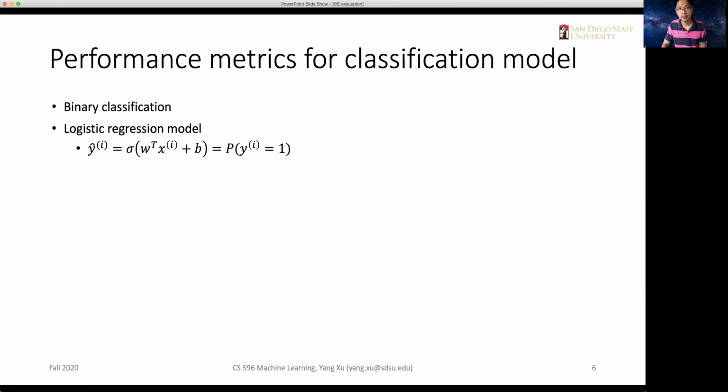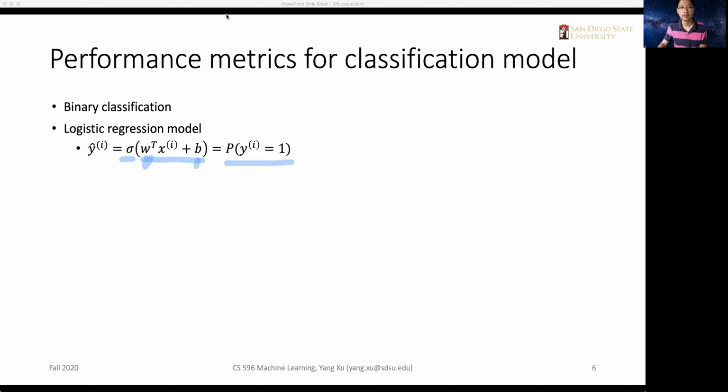The model makes predictions by first computing the linear combination between the data and the parameters W and b, and applying a sigmoid function on that, and using the output of the sigmoid function to indicate the probability of that data instance.